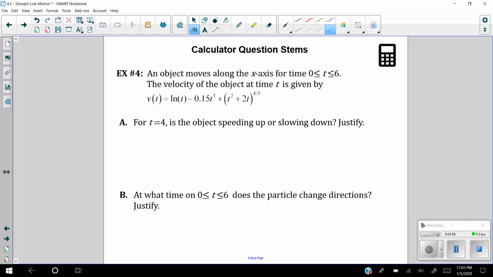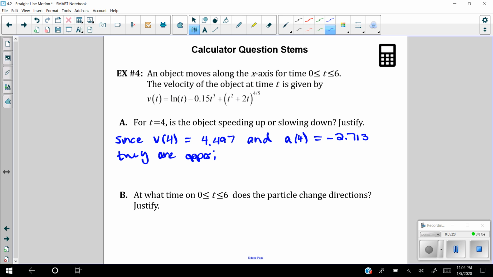So since v of 4 equals positive 4.497 and a of 4 equals negative 2.713, opposite sign. So at t equals 4, the object is slowing down.